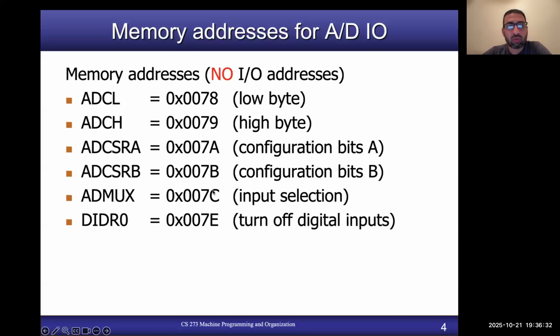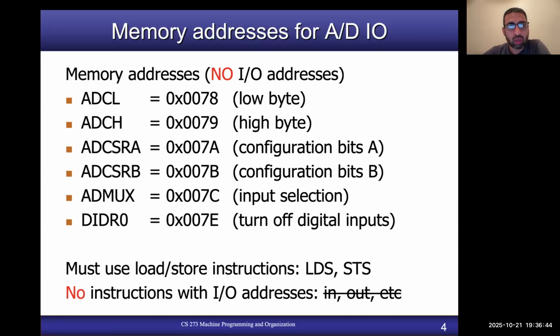But in this slide, what we just want to highlight is that all of these registers have their memory addresses, but they don't have an address in IO space, which means that you cannot use in or out instruction with these registers. For example, if you want to write some value to the ADCL register, you cannot use the out instruction.